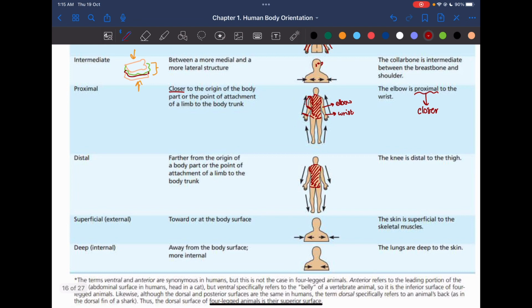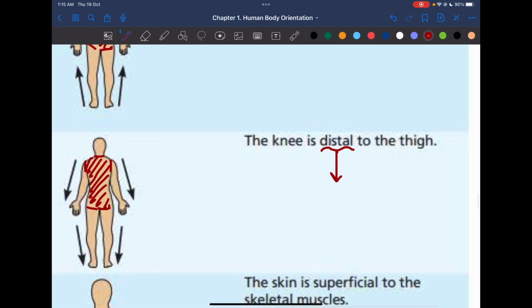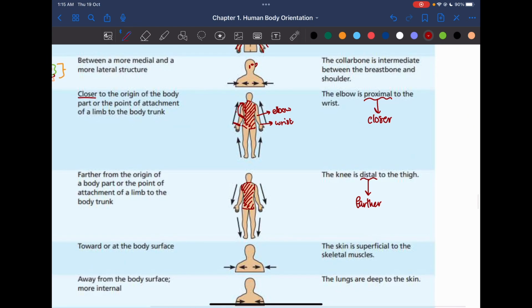Okay, so the knee, you know your knee, is distal to the thigh. Here you can think of distal as farther. Don't forget what we are referring to here: the body trunk.